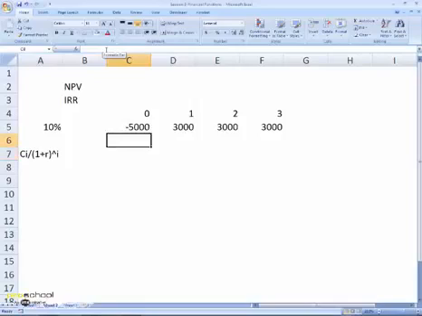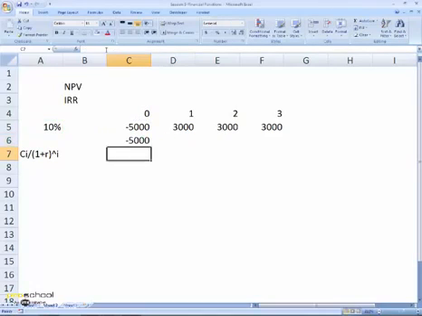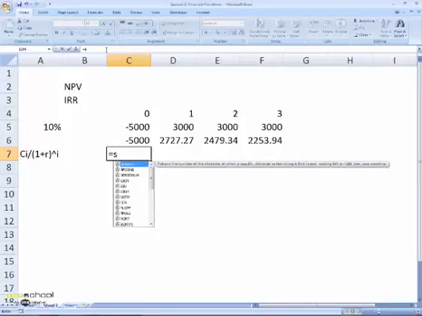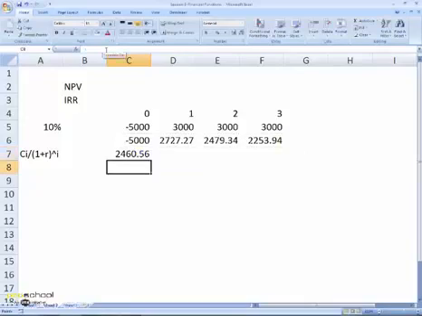In this case, if I use that formula, I'll say equal to the cash flow divided by 1 plus the discount rate. I freeze this, the exponential year. I copy this formula, I get this. So the total present value of all the values including the investment is 2460.56, which is also known as net present value, NPV.